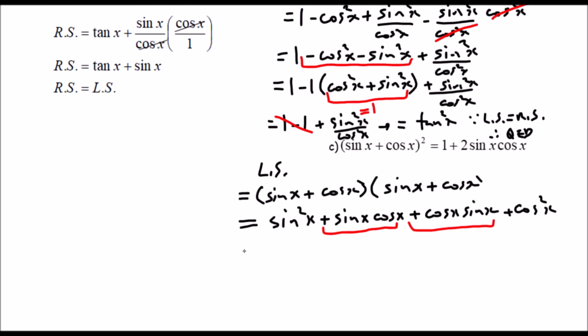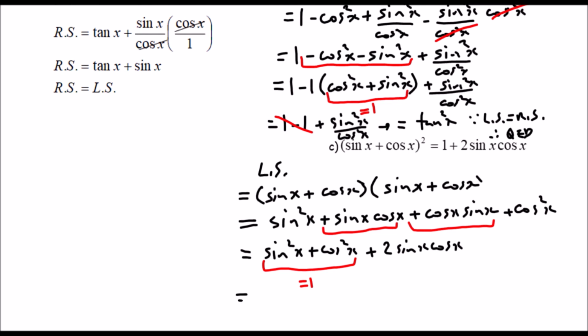All right, so what do I have here? Well, I've got sine squared x plus cos squared x. Look at this again, this beautiful thing right here. This is just equal to 1. And then here, these two are the same, so I really have 2 sine x cos x.